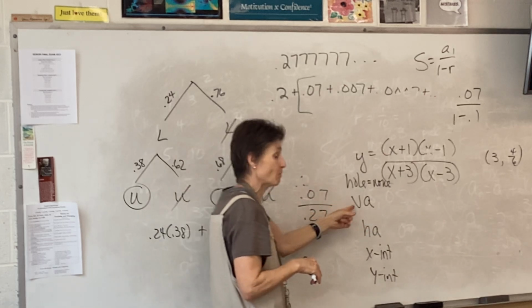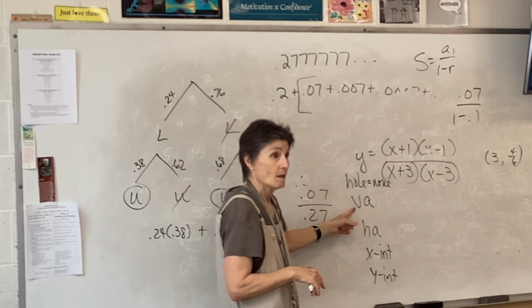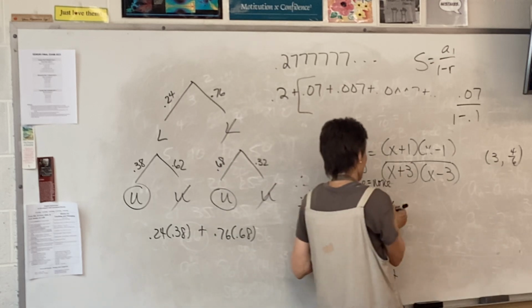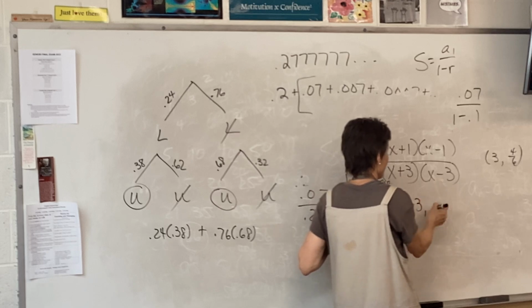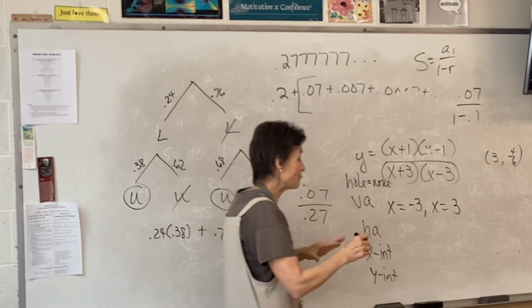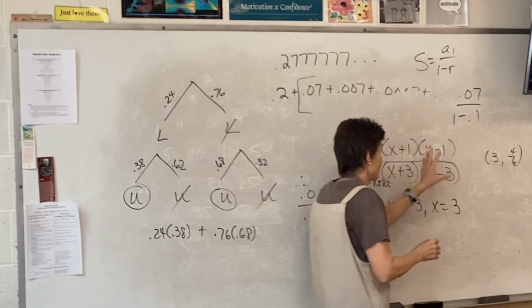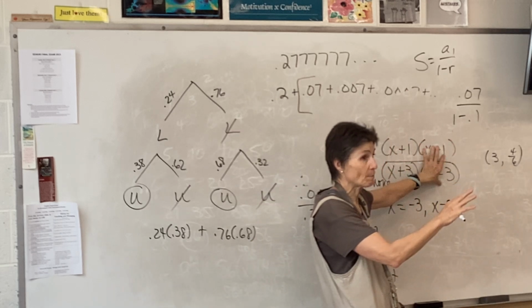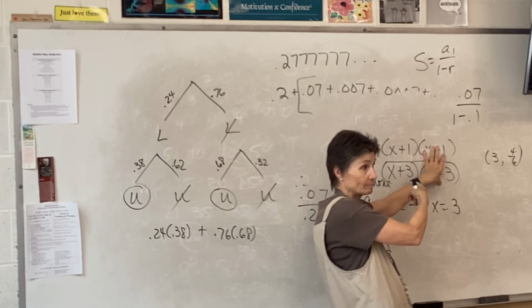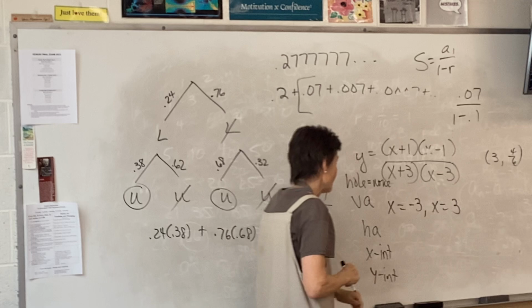All right, how about vertical asymptotes? They come from the denominator. So my vertical asymptotes are -3 and 3. Now, if something cancels, then that's gone from the problem, and you only have one vertical asymptote then. We have 2 because nothing canceled.